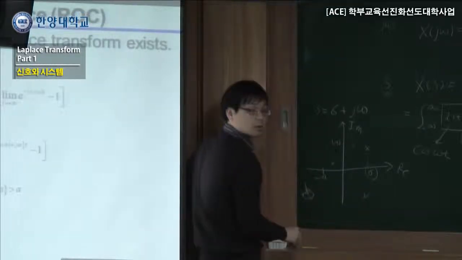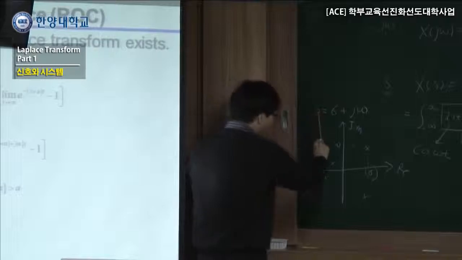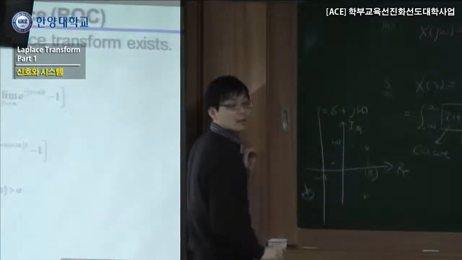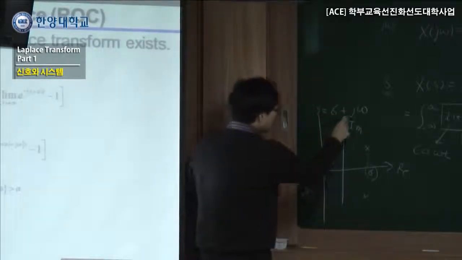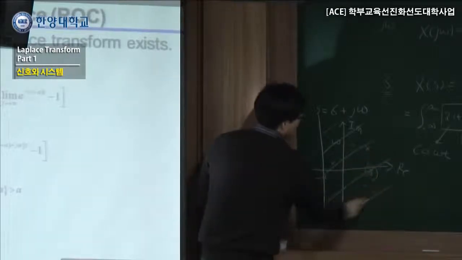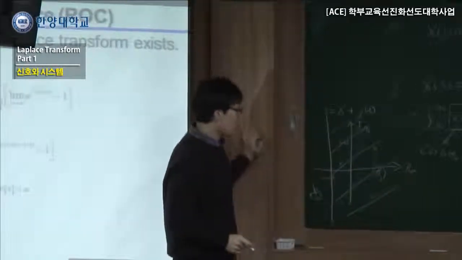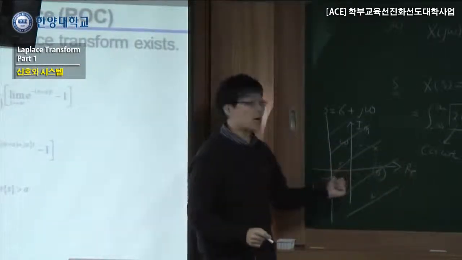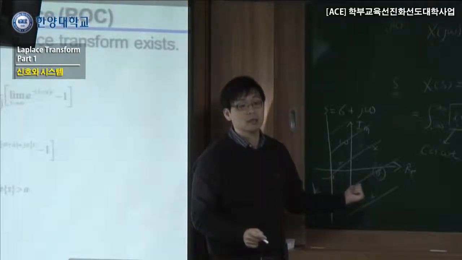This is not possible. So you can draw a line like this and say that any value over here has delta larger than minus A. Is it right?